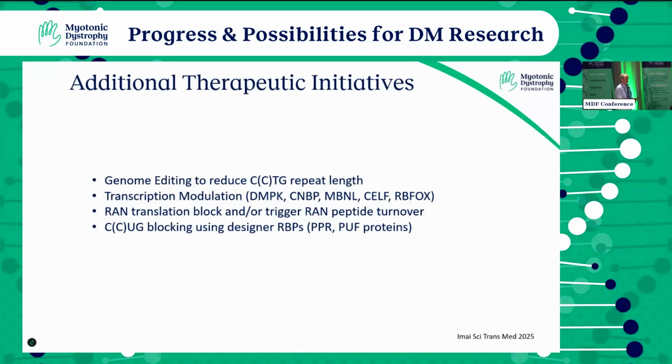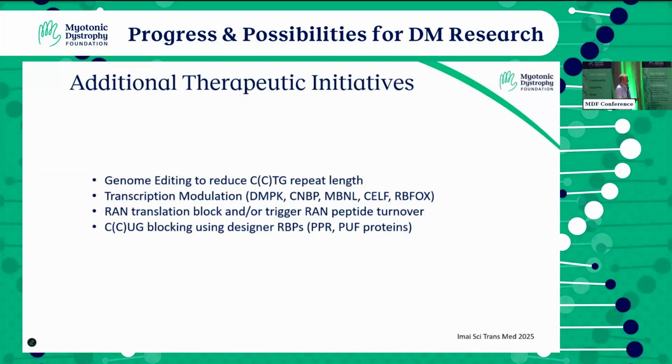What we don't know much about is RAN translation and what the impact of RAN translation is in this disease. Is there an impact or not? I would say in the brain, almost certainly there's an impact. It's less clear in skeletal muscle and other peripheral tissues. So future research will have to deal with that.